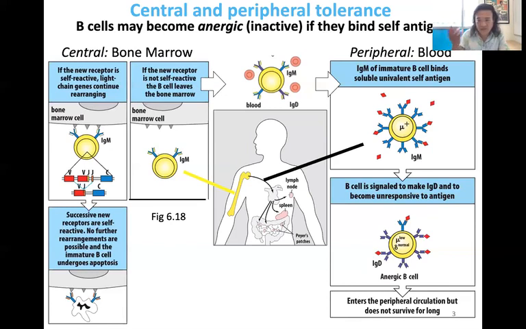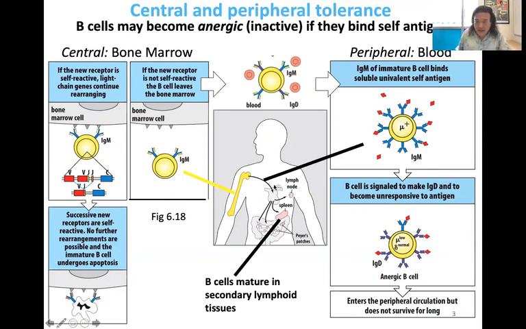It's just kind of there, and eventually it's just going to end up being recycled. All right, so that's important to think about: once the immature B cell is formed in the bone marrow, it has to go through these critical tolerance training stages to make sure that it is not going to auto-react with the things that are normally in your body.